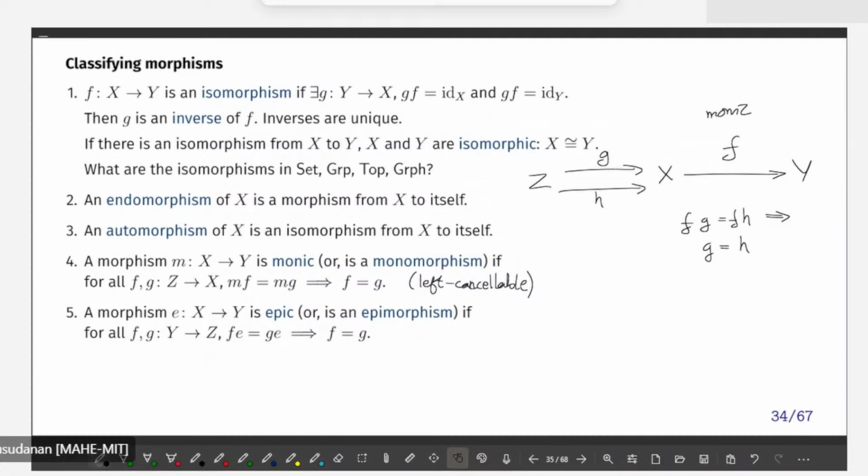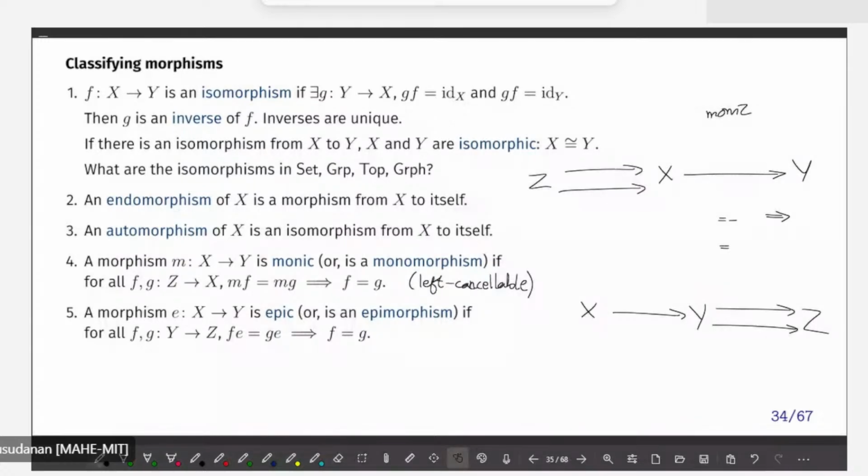So similarly, an epimorphism is cancelable on the right side. So what will it look like? You have X to Y, and then Y to Z. You have two maps such that, if this is given, then you should have F equal to G. I changed the notation from what I had written.